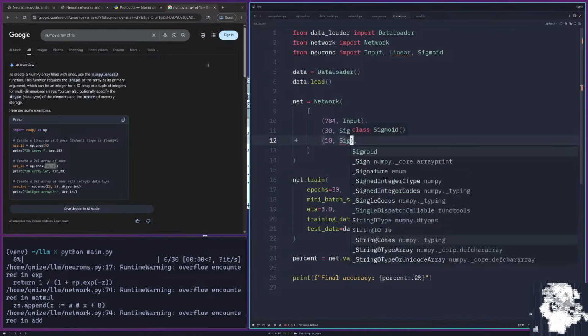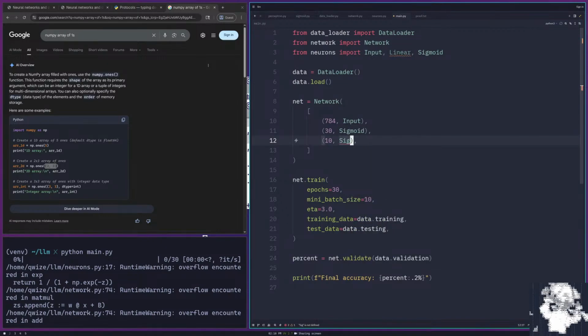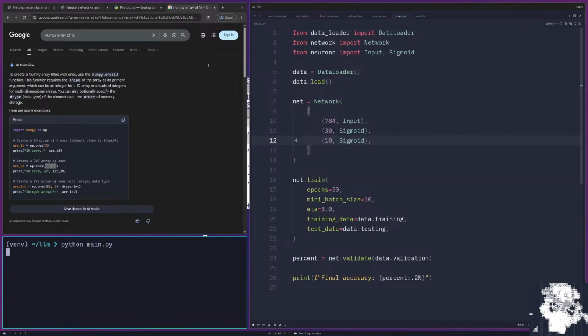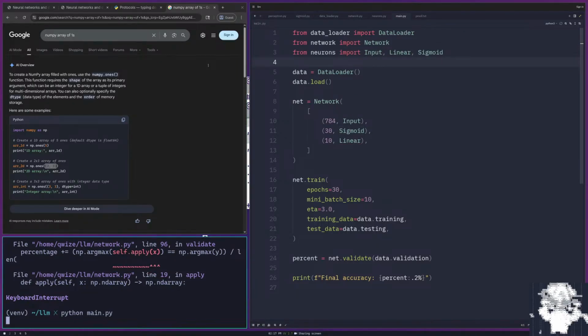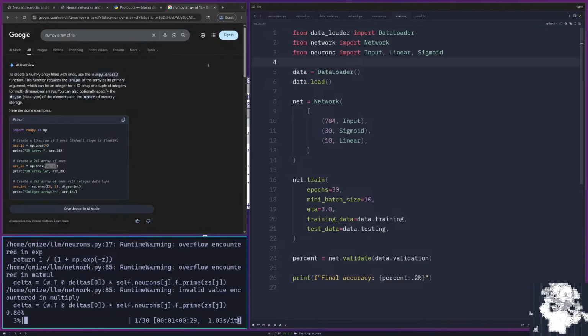If you're sigmoid, no overflows, and if you're linear, overflows.